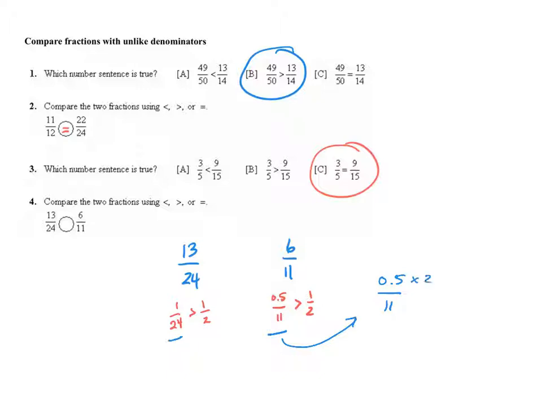I'm going to multiply that by 2, and I must multiply my denominator by 2 so that I keep an equivalent fraction. This gives me 1 over 22. So now I'm comparing 1 over 24 to 1 over 22. 1 over 22 is a larger part, so that means 6/11 is farther from 1/2 than 13 over 24, which means it's greater than 13/24.